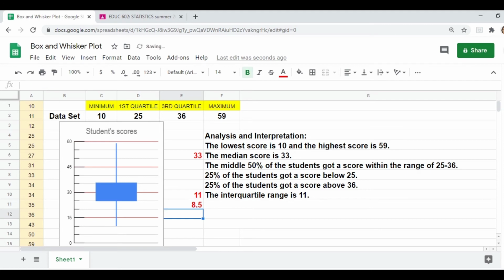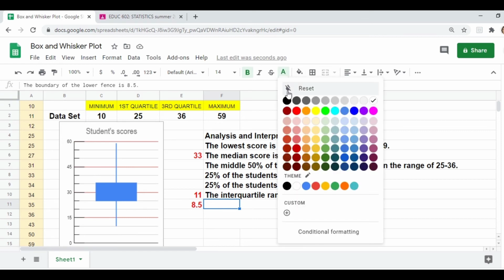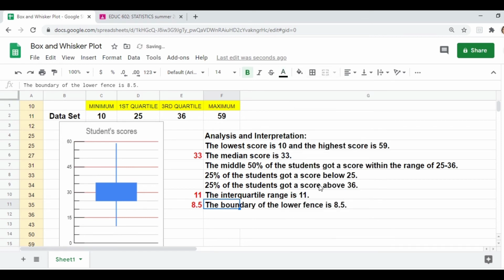That will give us 8.5. So that is the boundary of the lower fence, and a value lesser than 8.5 is considered an outlier.